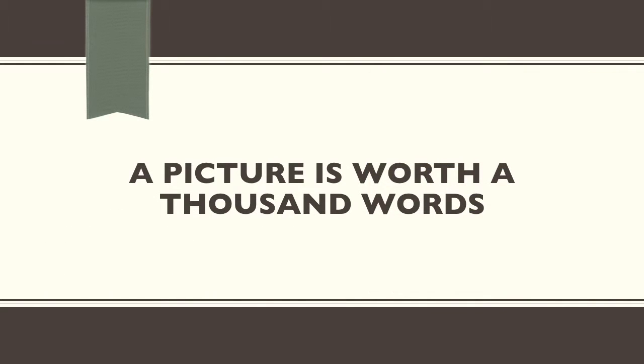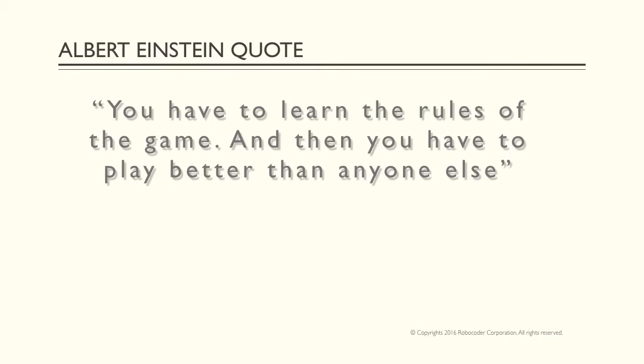A picture is worth 1,000 words. Process modeling is about using simple notation to represent a process graphically so it can be visualized, analyzed, and improved. Albert Einstein said, "You have to learn the rules of the game, and then you have to play better than anyone else."